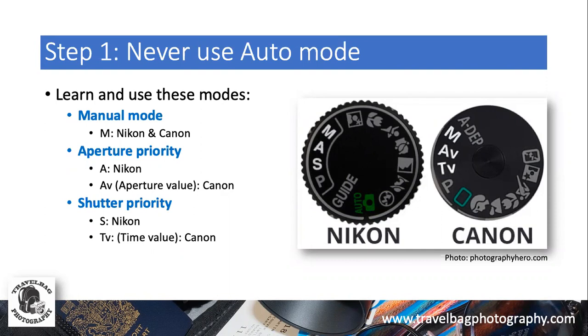So the big takeaway here is never use auto mode. Learn your camera, learn what it can do, and learn manual mode, and use aperture priority and shutter priority. Very simple.